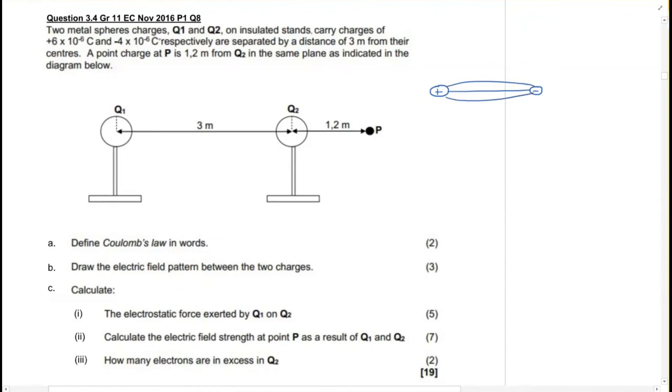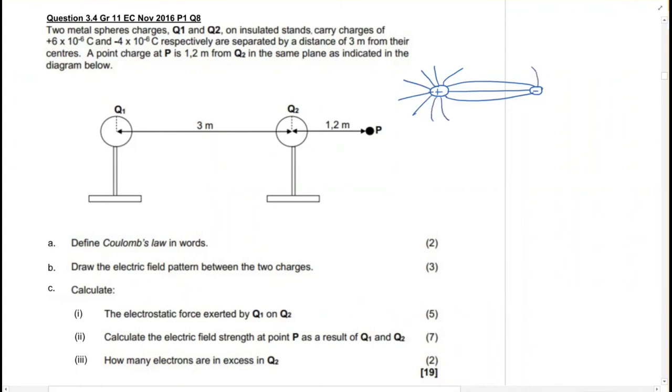And now Q1 is 6, Q2 is minus 4. 6 is greater than 4. Forget about the positive and the negative. 6 is greater than 4, which means that we need more lines around here. So I'm going to try and put more lines here. Okay, make that one touch.